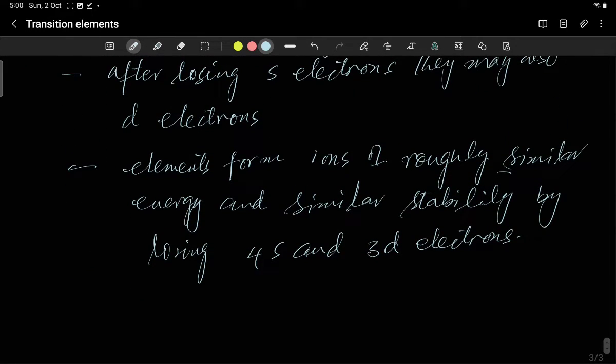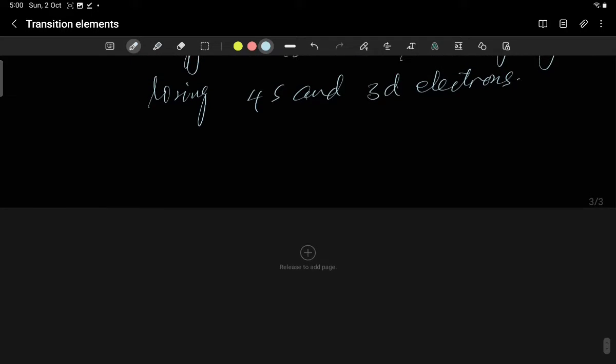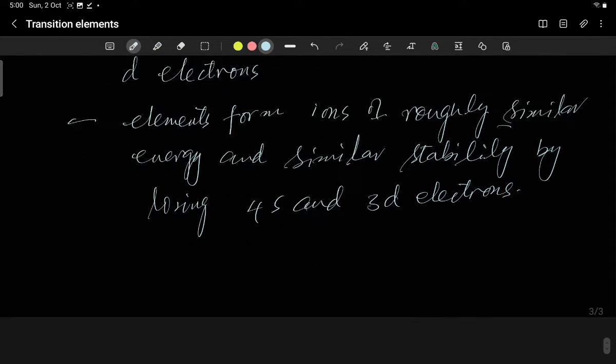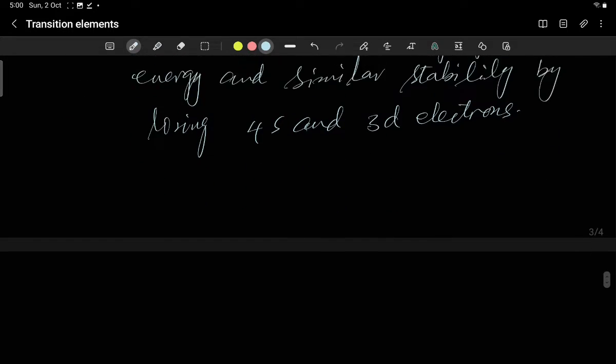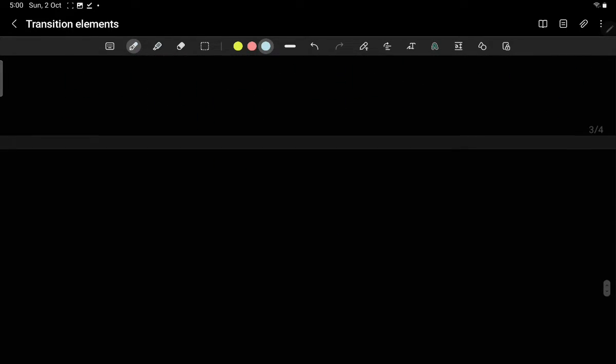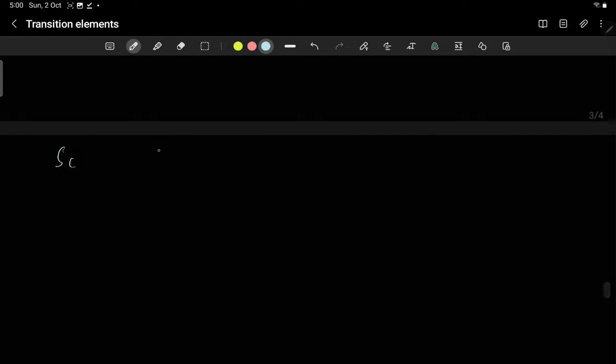Some of the oxidation states are very uncommon because they are energetically unstable. So the more important oxidation states are written here, for scandium, titanium, vanadium, chromium, manganese, iron, cobalt, nickel, copper, zinc.